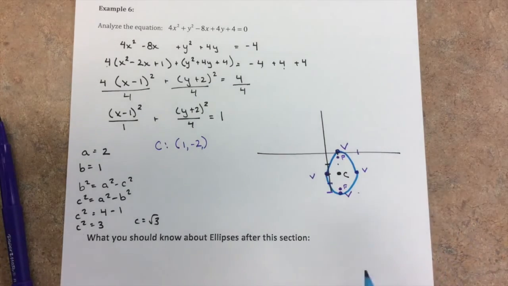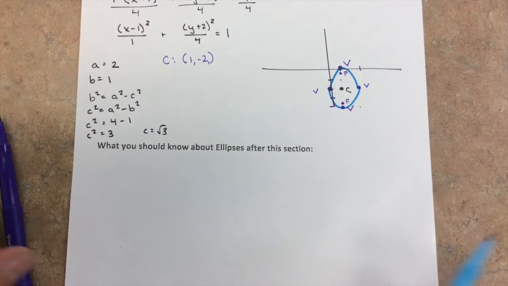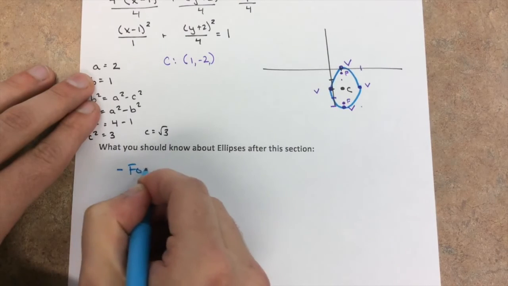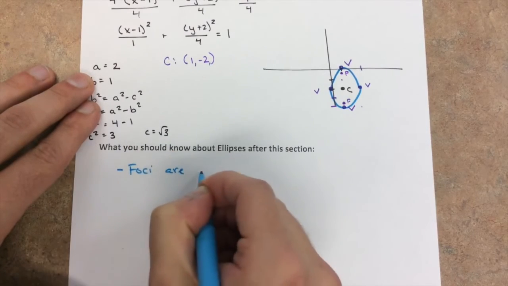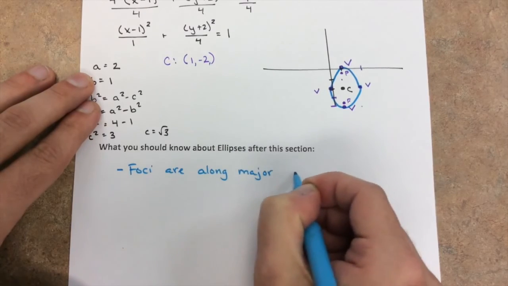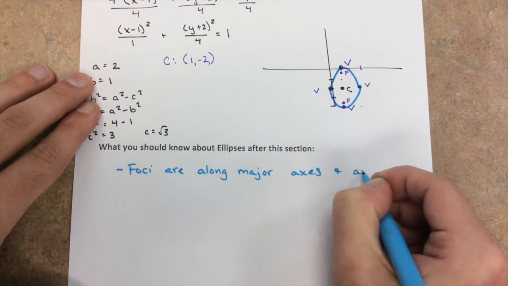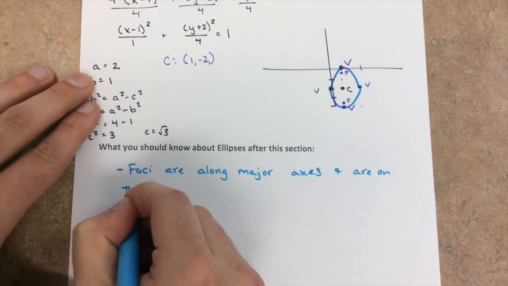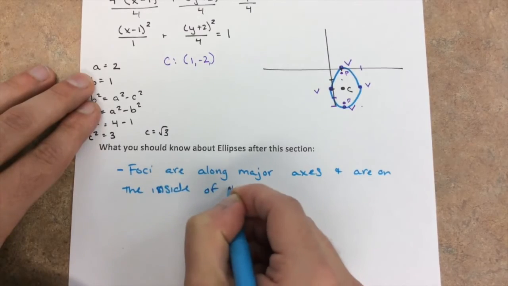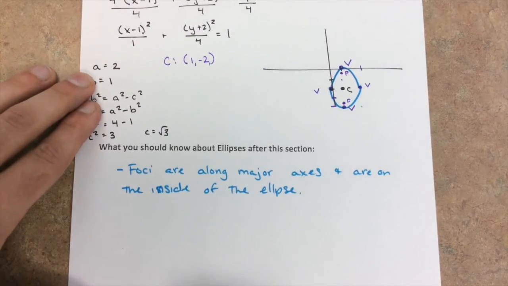So what should we know about ellipses? I would say the foci are along the major axis and are on the inside of the ellipse. So that's one thing.